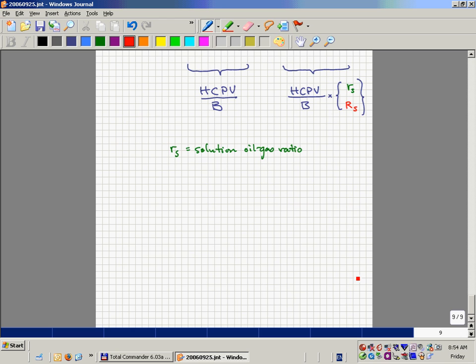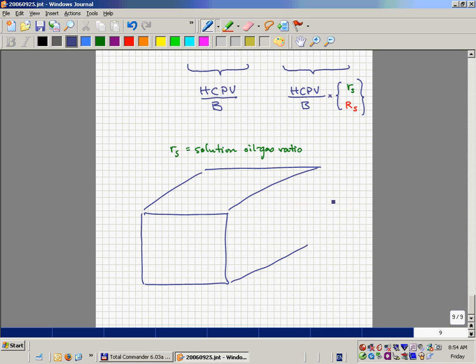So let's just sketch a little picture and see if you conceptually think you could water, oil, and gas.